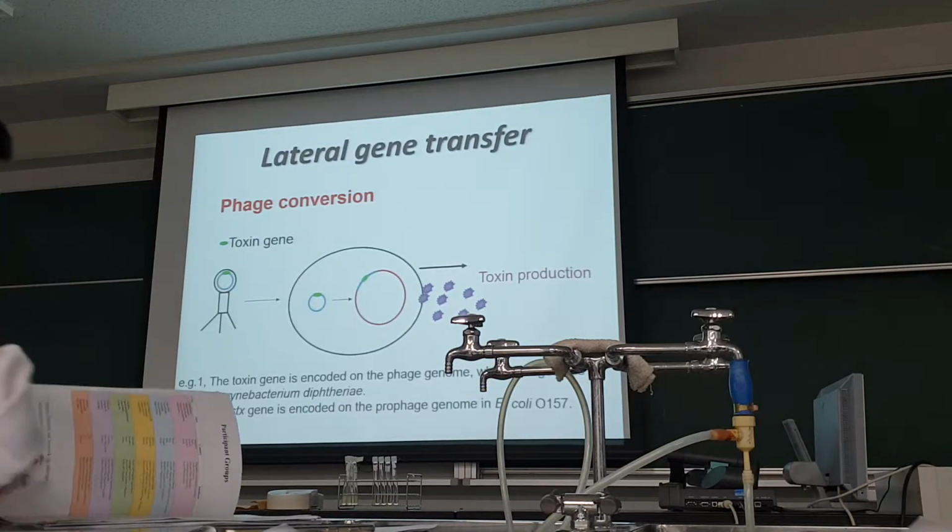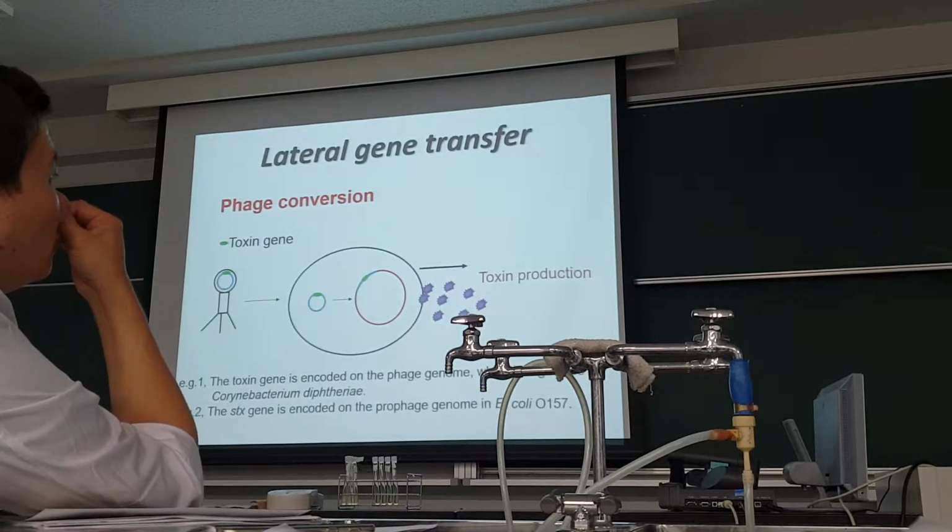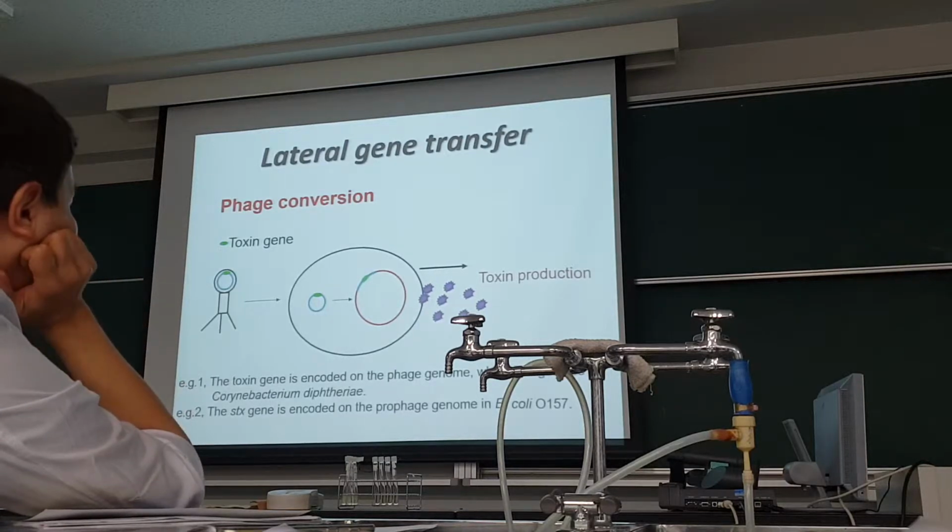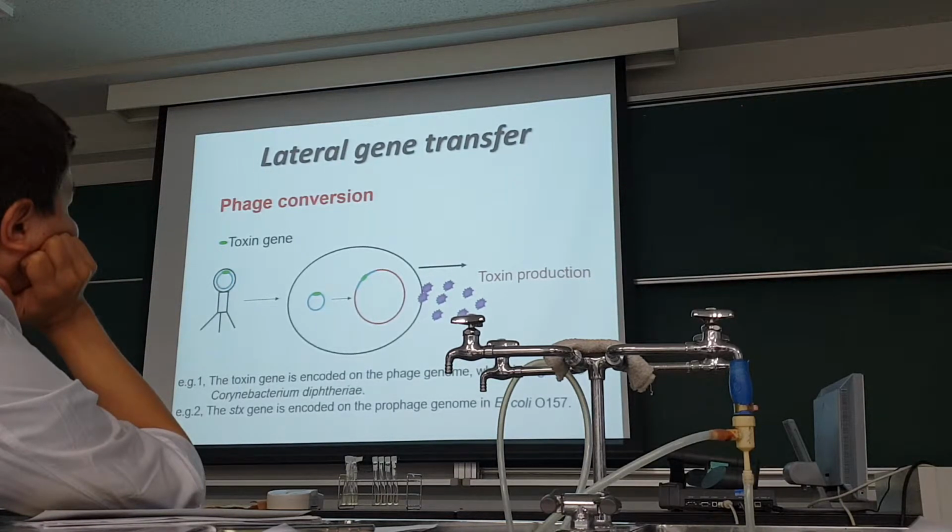Of course, we need to notice the bacteriophage can transfer the pathogenic genes. So, for example, cholera toxin is converted by a bacteriophage. Botulinum toxin is converted by bacteriophage.